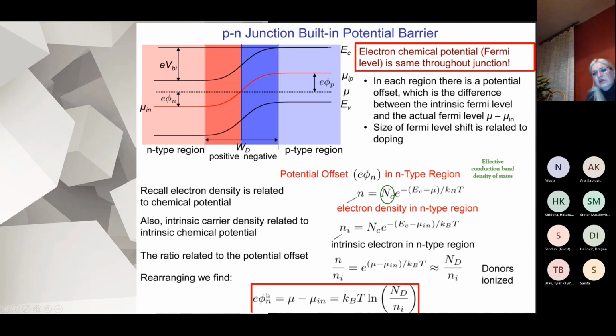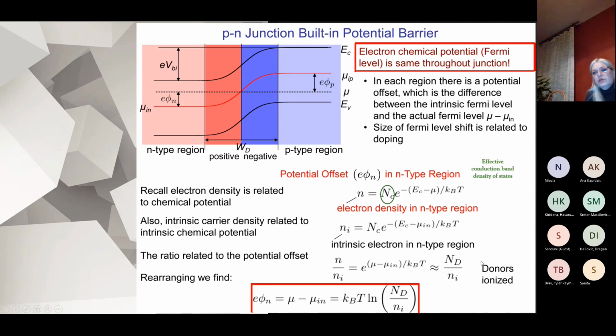That's what we need to calculate the potential offset in the n-type region. From this equation you can get the potential offset, which is a function of the Boltzmann constant, the temperature, and here you have the number density of the donors.